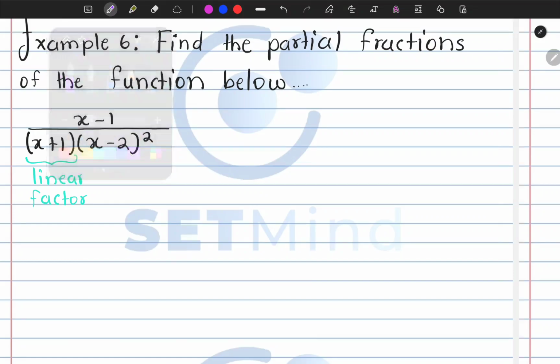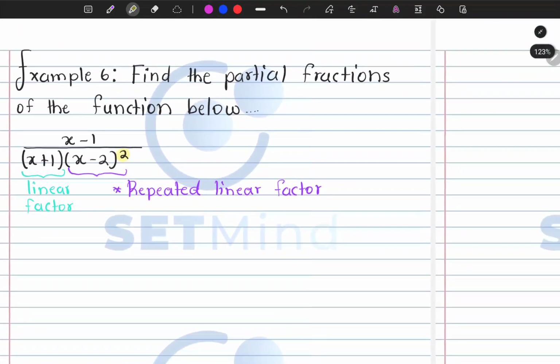And what you should realize on the purple one is that what we have there is a repeated linear factor. Why is it repeated? It's because there's two of them because of that squared.